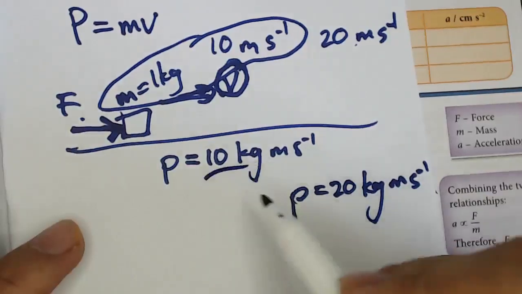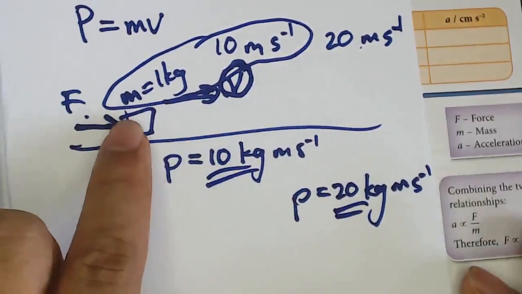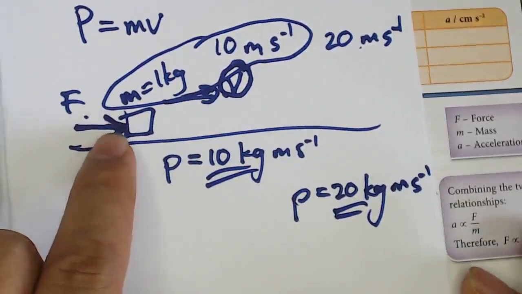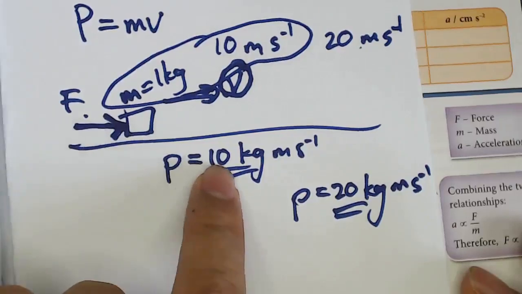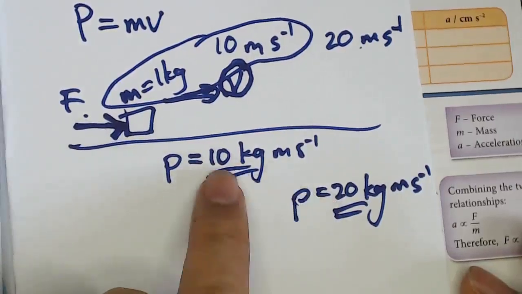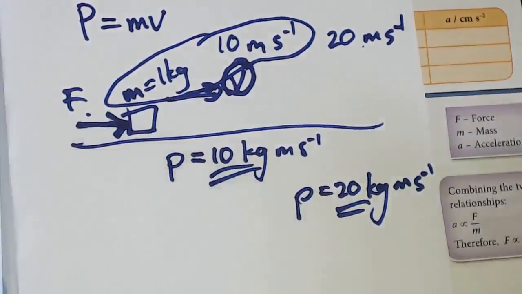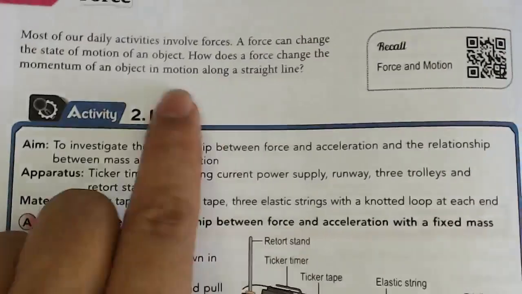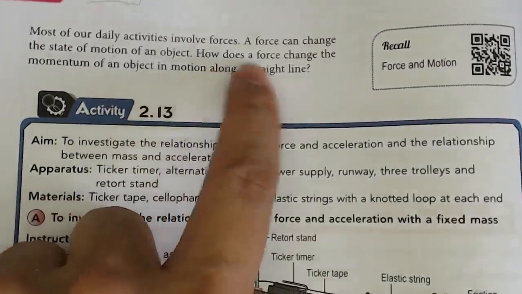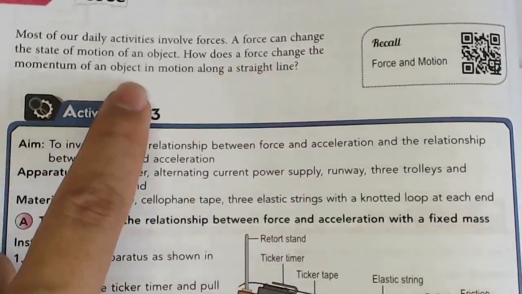So you see, it is true that this force can change the momentum. It's quite easy to understand, isn't it? Okay, how does a force change the momentum of an object?